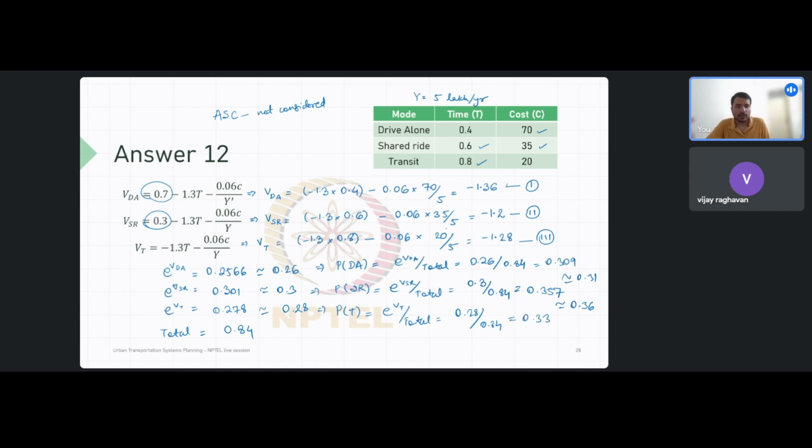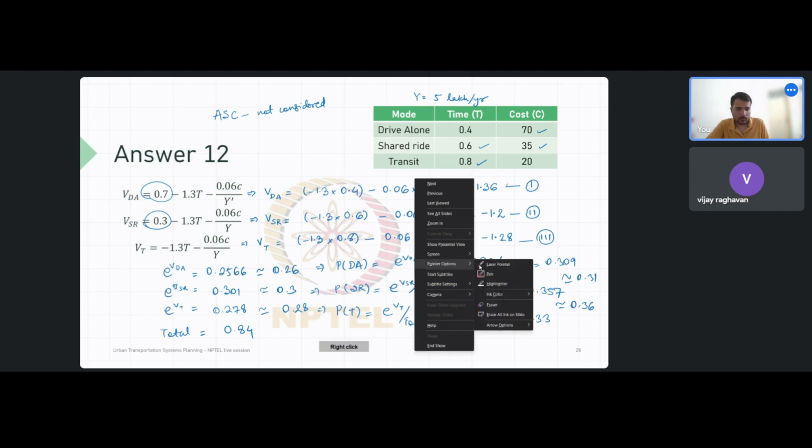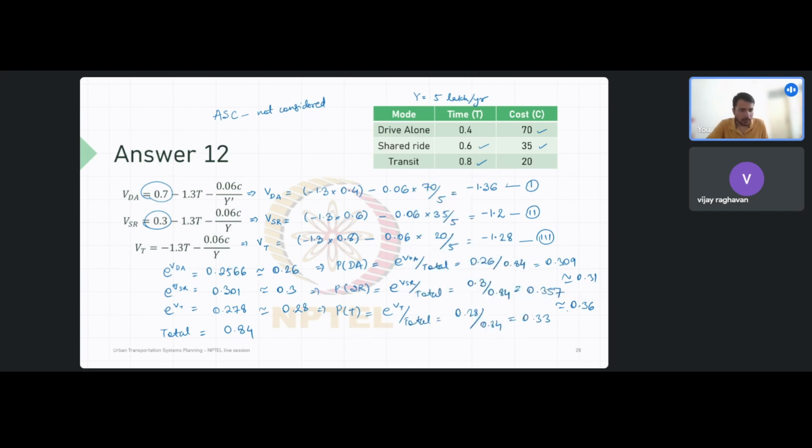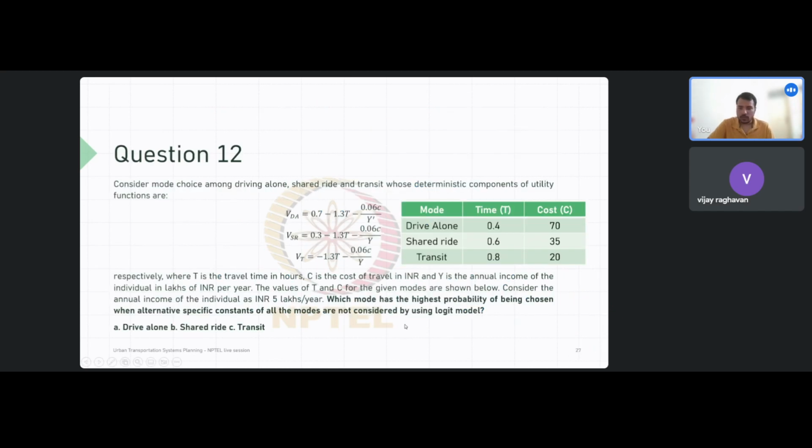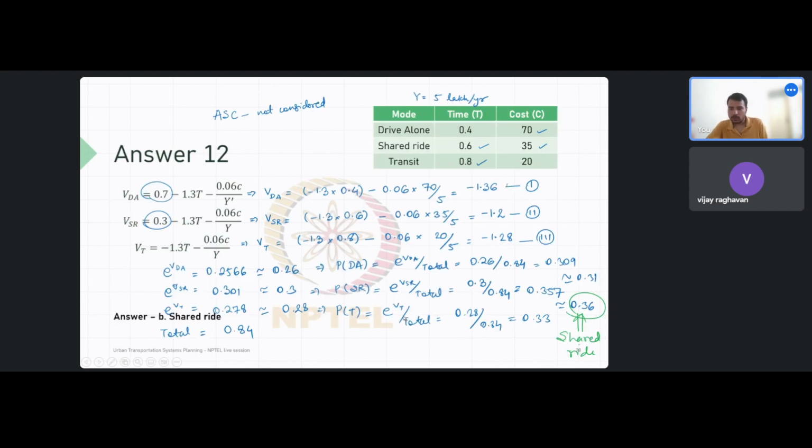So highest probability, we can see highest probability is of this one, which is shared, right? So option B. So we can select option B. Mark it here. Shared.